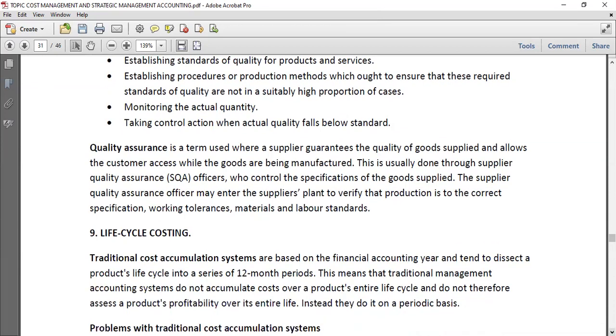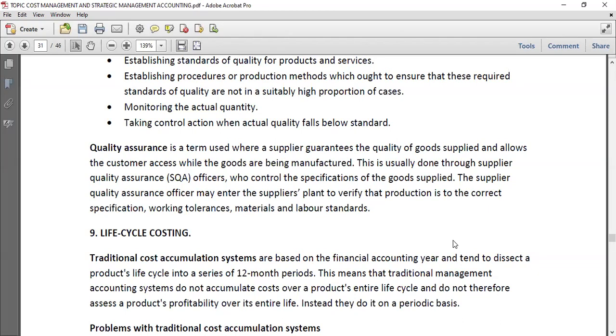I also just want to comment that we've done benchmarking, business process reengineering, just-in-time, and TQM. The other one you may want to understand is life cycle costing. Remember what I said about it? To understand life cycle costing, you need to understand the product life cycle, which starts from introduction, then goes to growth, maturity, and decline.